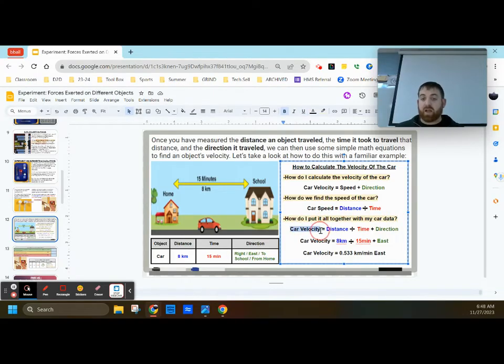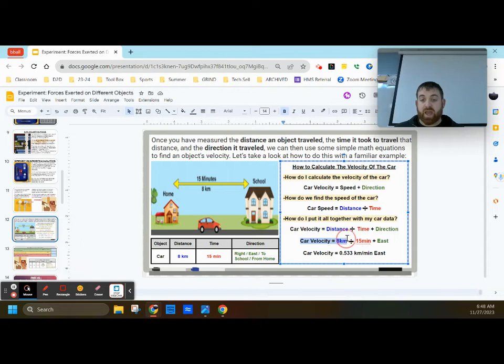Well, car velocity is distance divided by time plus direction. Don't get confused. We know velocity is speed plus direction. All I did was take this speed equation and put it into this part of my equation. So the car's velocity is distance divided by time plus direction. That's some basic substitution that we learned in math.